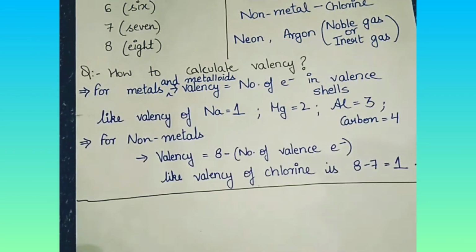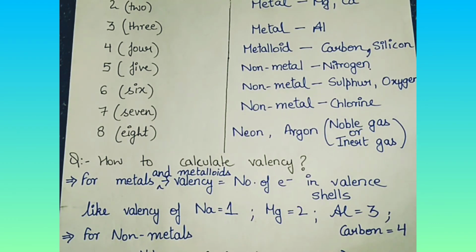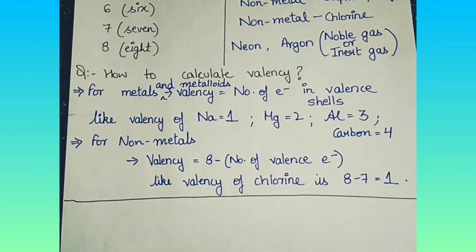For example, nitrogen with 5 valence electrons will have the valency 3. 8 minus 5 equals 3, while chlorine has 7 electrons in its outermost shell, means we will subtract 7 from 8. So, we will get 1 as the valency. So, the valency of chlorine is 8 minus 7 equals 1.